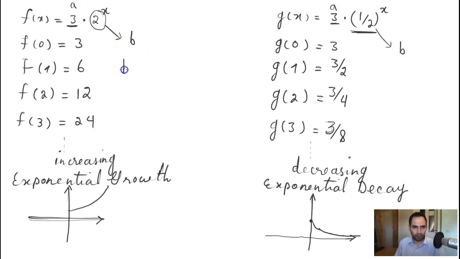So when b is greater than 1, here you have 2, you always have an exponential growth, and when b is less than 1, you have an exponential decay.